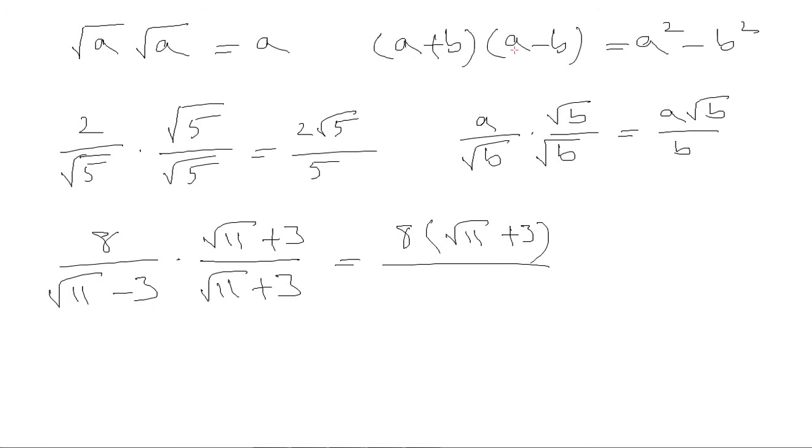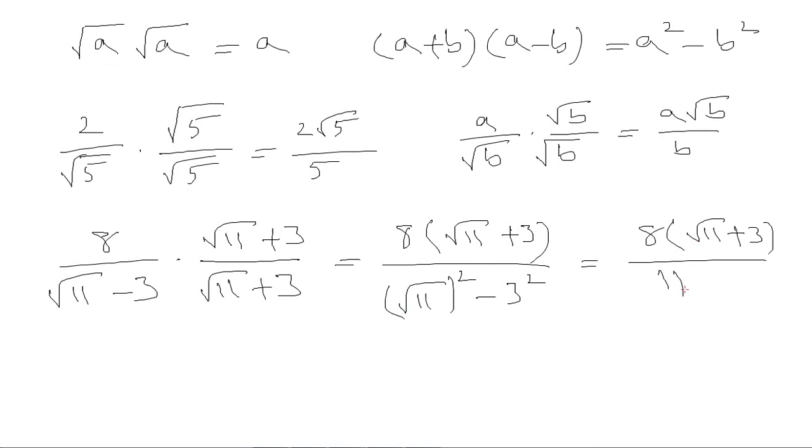Now you can use this formula and you get radical 11 squared minus 3 squared. So this is 8 times radical 11 plus 3 over radical 11 squared, which is 11, minus 3 squared, which is 9.